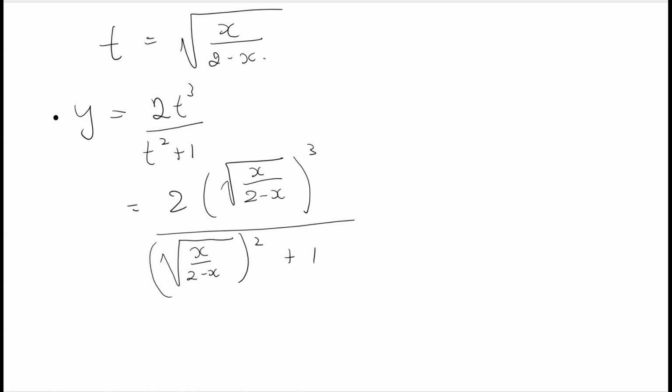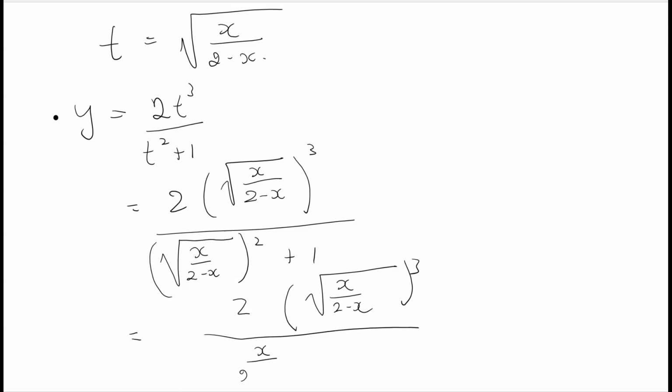The first bit of the bottom line, we can get rid of the brackets because something square rooted to the power of 2, that just cancels out. So I may as well do that to start with. So we're going to do 2 times the square root of x over 2 minus x cubed over x over 2 minus x plus 1.